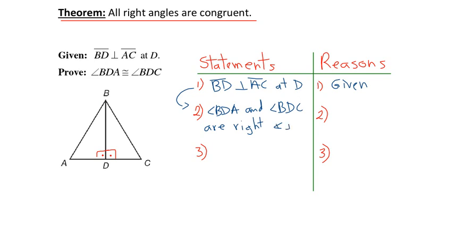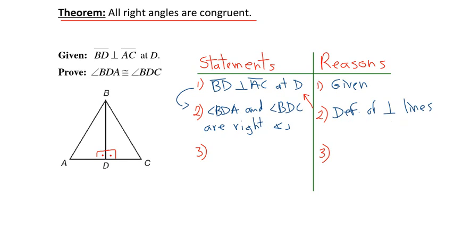And that is because of the definition of perpendicular lines. We usually should have the definition on the previous statement. So we're using that definition in order to get number 2. That will be our reason, the definition of perpendicular lines.